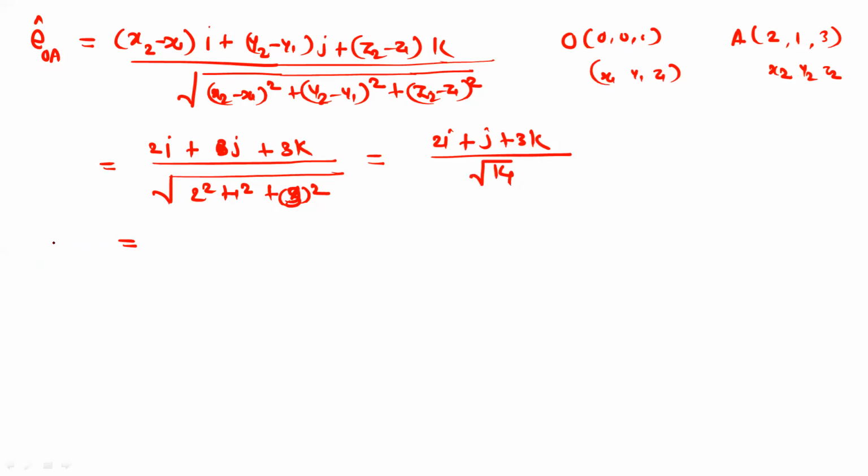Similarly, find out the remaining two vectors. Unit vector OB bar: the origin is the same, (0, 0, 0), and point B is (-1, 2, 0).